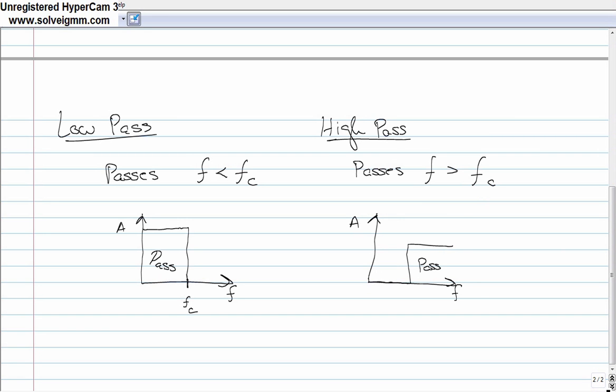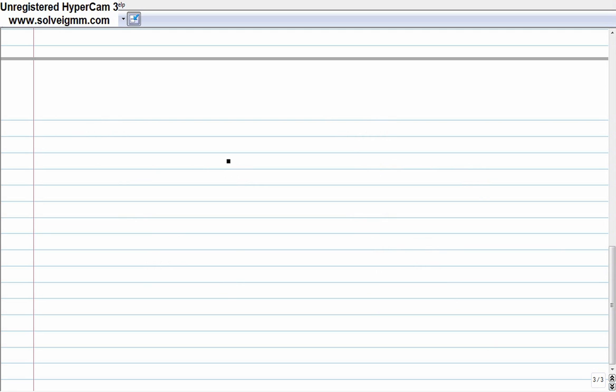And then the final type of filter we're going to talk about is the band-pass filter. What that does is it reduces the amplitude of frequencies greater than and less than FC outside a certain bandwidth, hence the band.